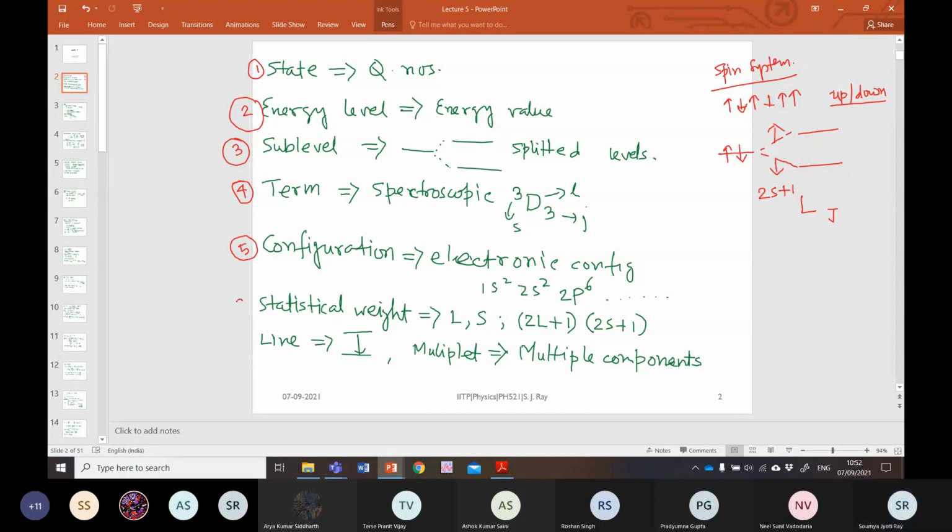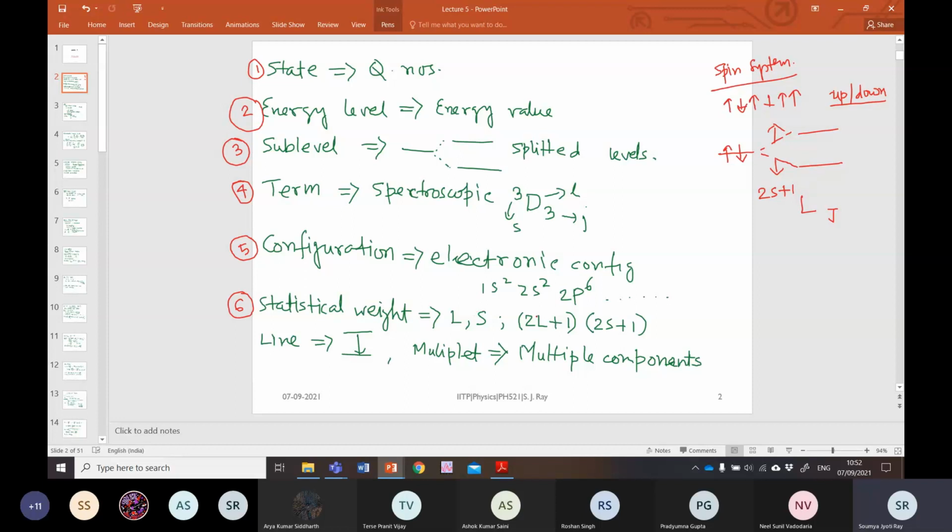The sixth quantity is statistical weight. It is related to the value of L and S. Whenever we are dealing with an energy level, there will be some L and S associated with it.